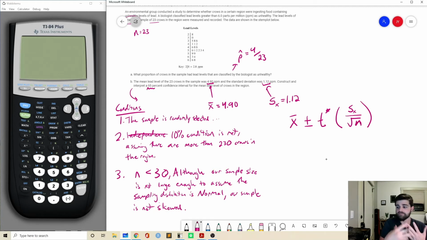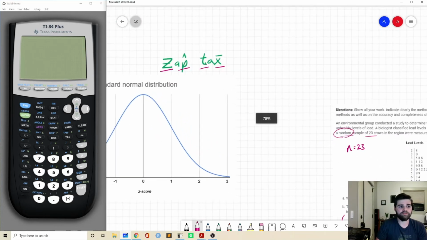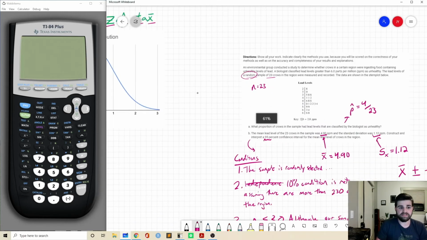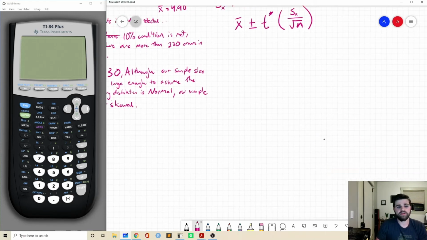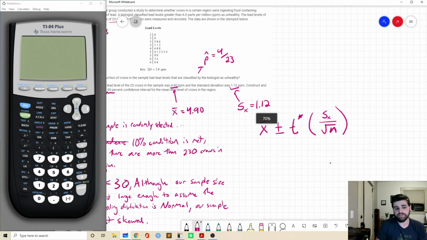It'll say the confidence interval is the statistic plus or minus critical value times standard error of the statistic. And you have to remember that if we're working with x bar, our critical value is going to be the t. If we're working with proportion, critical value is the z. So remember, zap tags. And then the formulas for standard error of a statistic is on the formula chart.